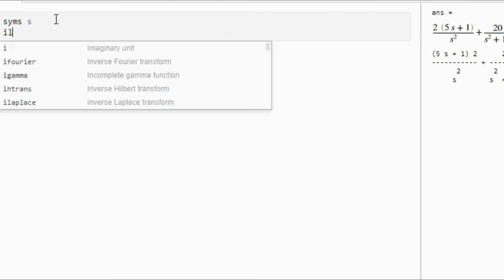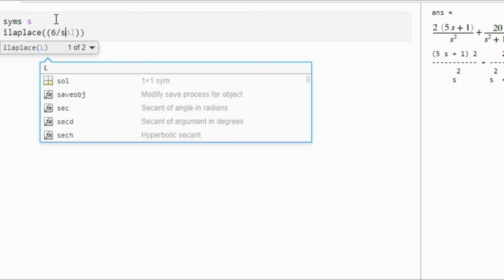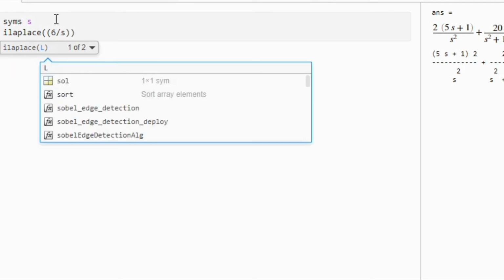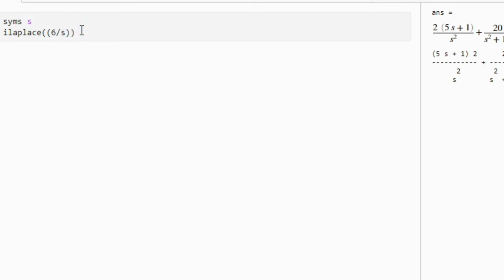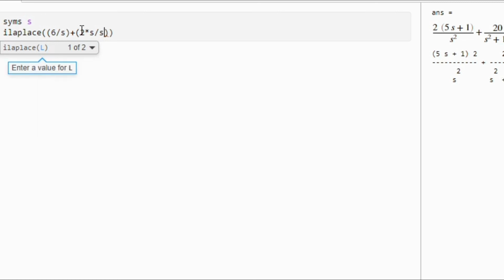syms s, ilaplace, inverse Laplace, just like 6 divided by s plus, you will type over here the same code that we have studied in the previous slide, 2s divided by s square plus 16.